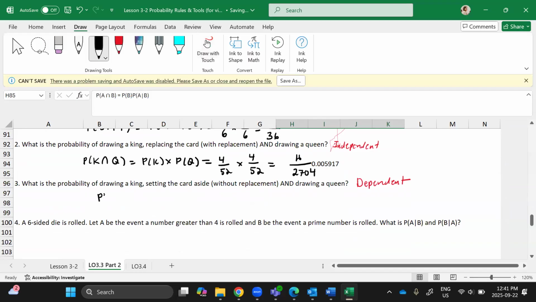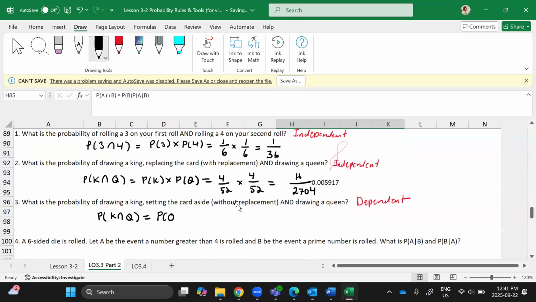So the probability of king and queen, sorry, without replacement. This will be the probability that you pick the queen times the probability you pick a king given you already took the queen out.